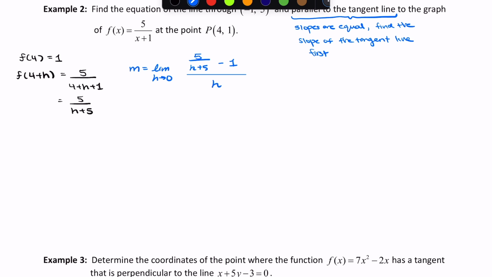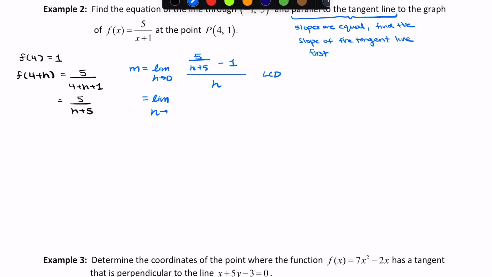Here, what we want to do is multiply by the lowest common denominator, which at the top is h plus 5. So if we multiply h plus 5 to 5, that would be 5. And multiply h plus 5 to -1, we'll get negative (h plus 5).